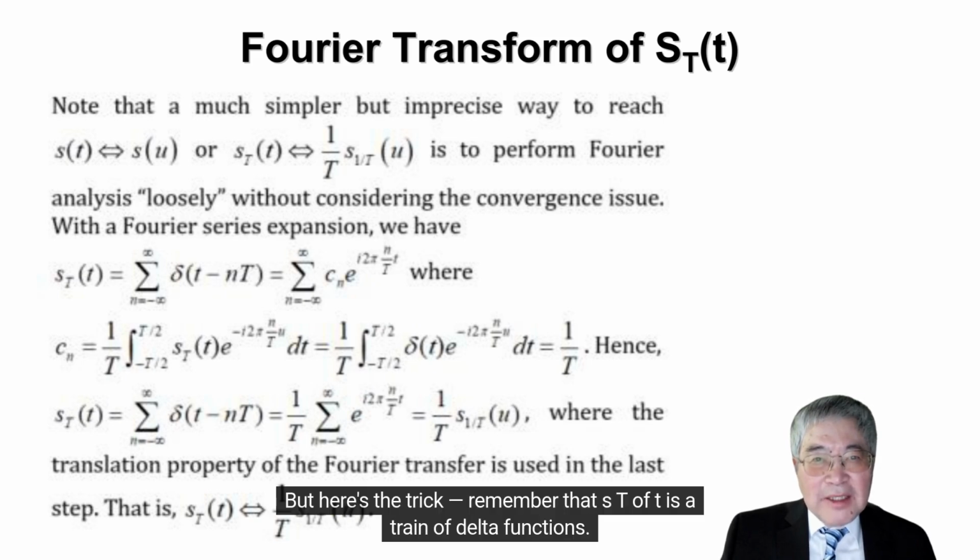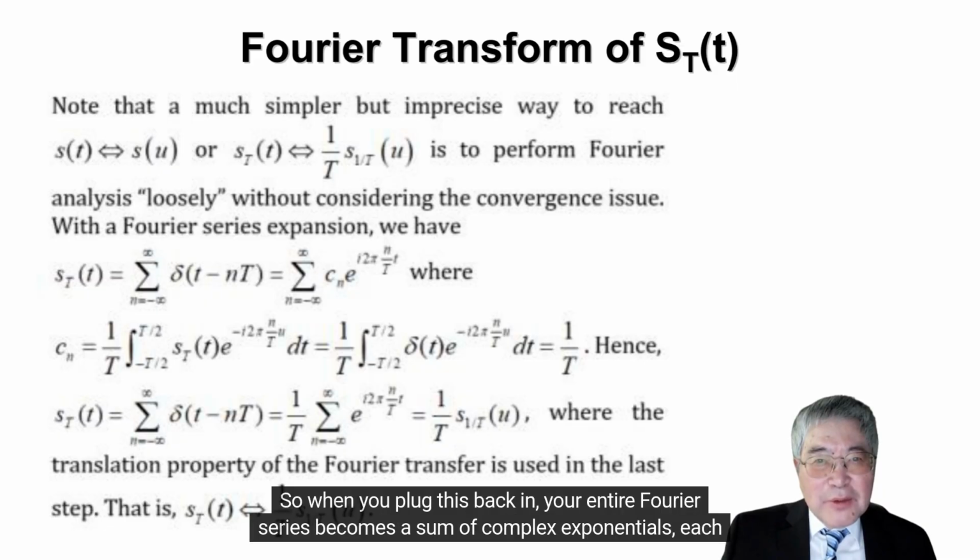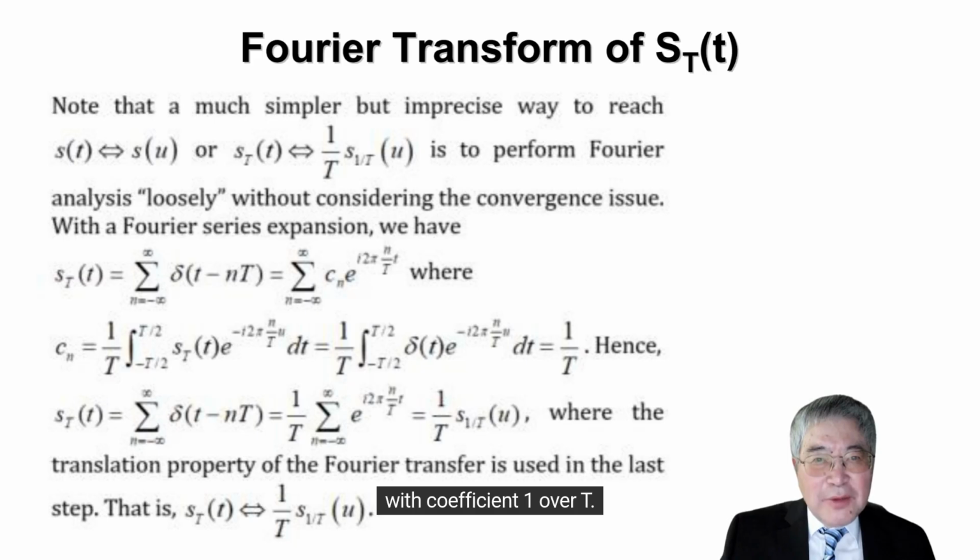Remember that s_T(t) is a train of delta functions. That means when you integrate, only the delta at t equals 0 survives. The result is simply c_n equals 1 over T. So when you plug this back in, your entire Fourier series becomes a sum of complex exponentials, each with coefficient 1 over T.